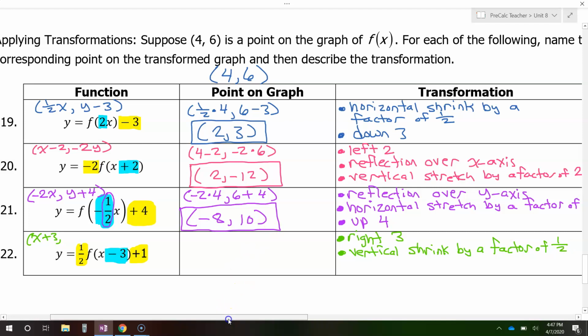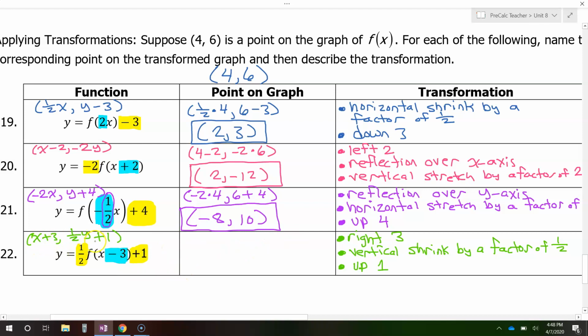All right, so a vertical shrink by a factor of 1/2, that means we're going to have 1/2 times every y value. But then in addition, we have this plus 1 on the end. That's just going to be a shift up 1, just like it looks. The yellow stuff happens just like you would think. So because of the up 1, that's going to be a plus 1 happening.